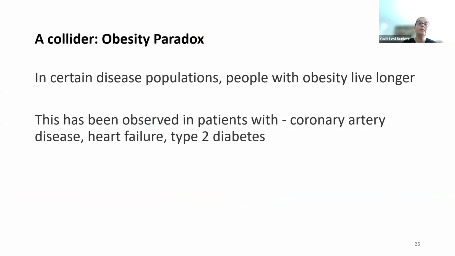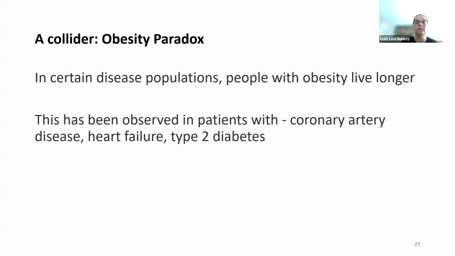So the collider can be easily explained with the obesity paradox. So what is the obesity paradox? There are many, many publications in different disease populations that show that people with obesity live longer. And so those papers looked at patients with heart disease, with heart failure, with type 2 diabetes, with kidney disease.